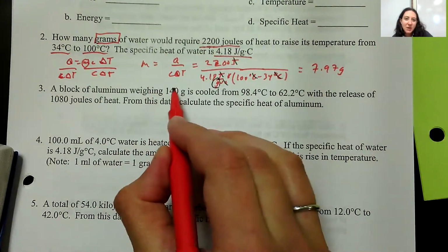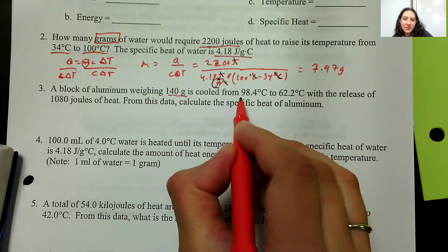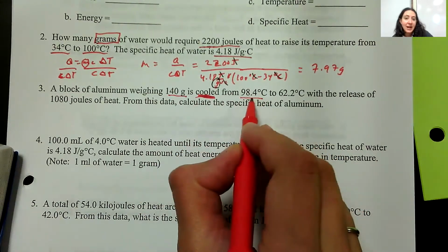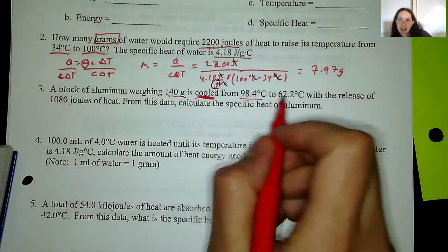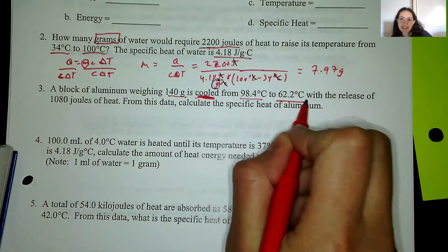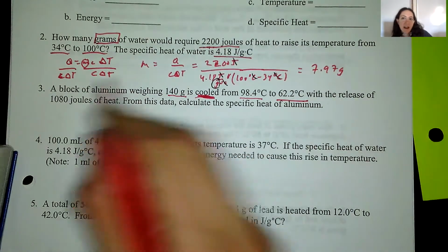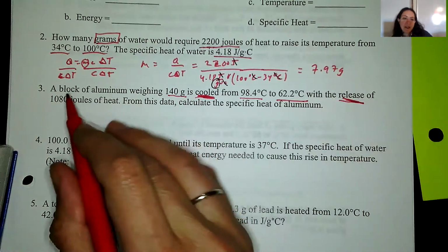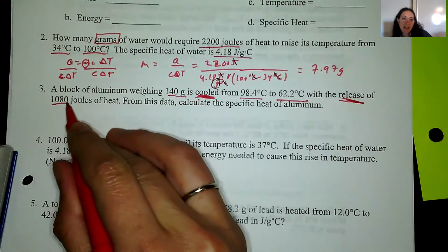Okay, a block of aluminum weighing 150 grams is cooled, let's pay attention to that, from 98.4 to, my lights went out. There we go. 62.2 degrees Celsius with the release of 1,080 joules of heat.